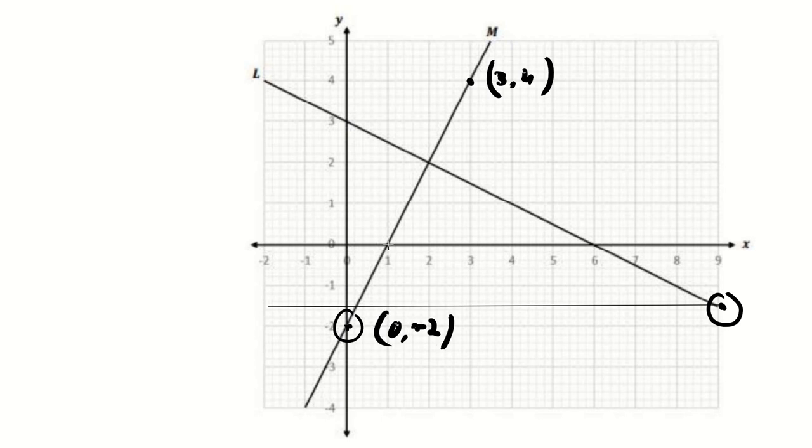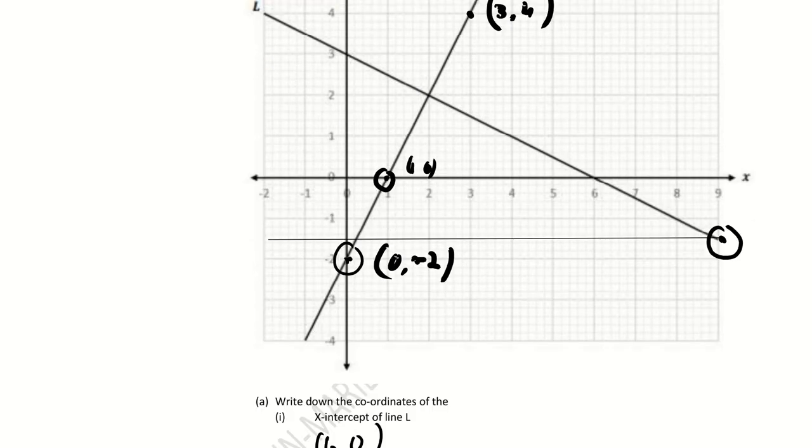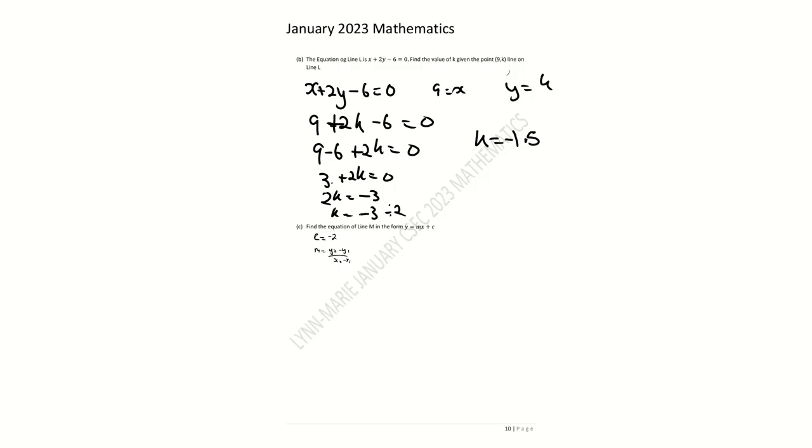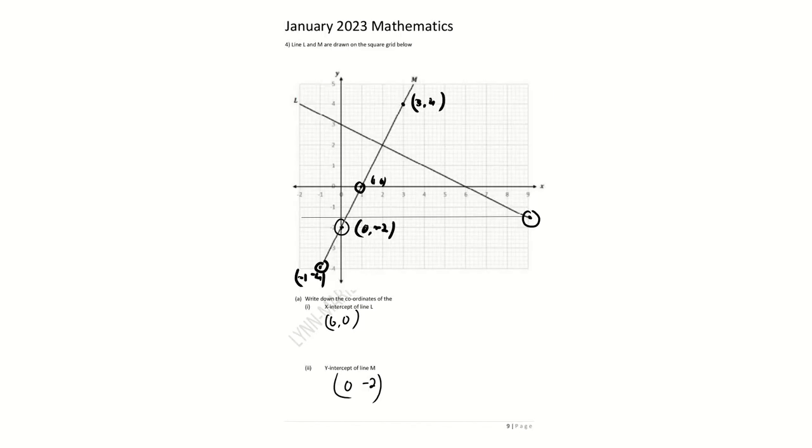Or you could have used this point here, where y is 0, so this would have been 1, 0. It all depends, right? But we're looking for the 2 points that are furthest apart. You could have even used negative 1, negative 4. It does not matter, you're just looking for the points that are furthest apart. I'm going to use 0, negative 2, and 3, 4.